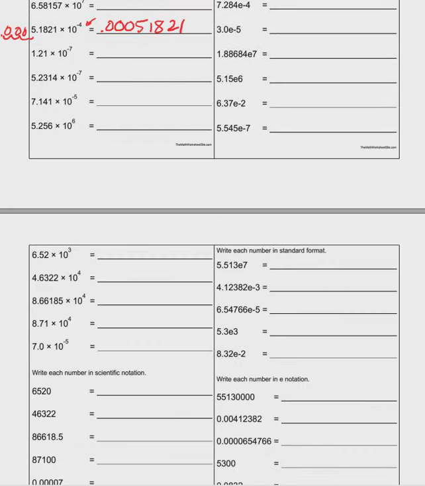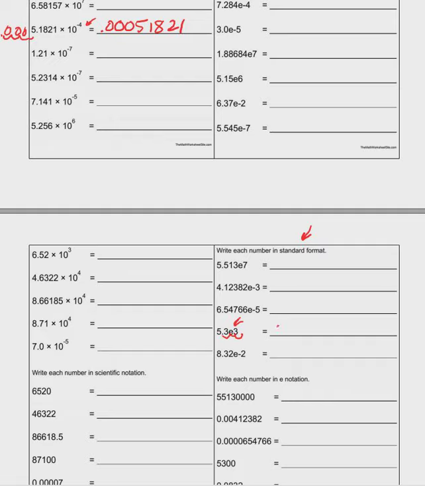And as strange as it sounds, that's it. Standard format is a regular number. So, for example, we're going to do this one right here. Standard format is moving it over. This is exponent 3, so 1, 2, and 3.